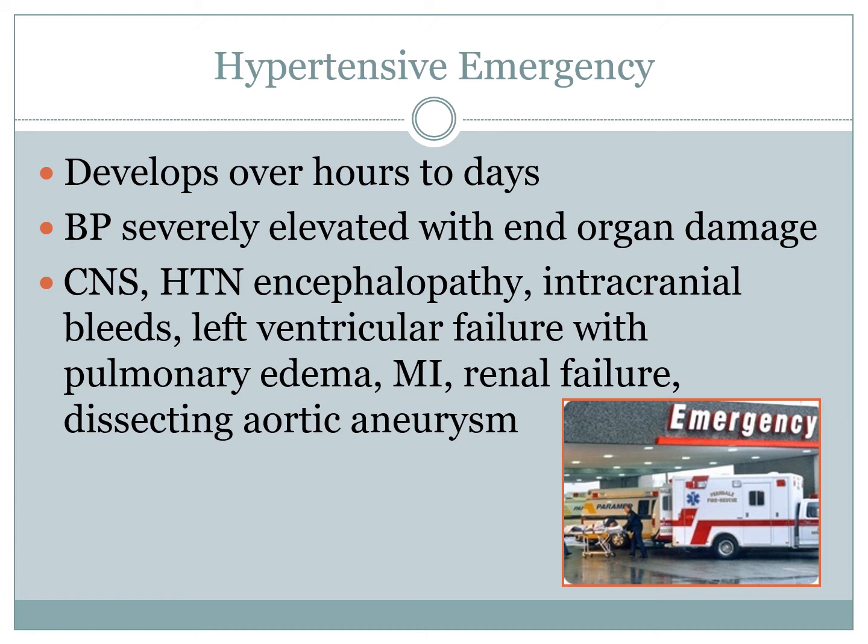We could have an encephalopathy develop. It could be an intracranial bleed. It could be related to the heart, leading to heart failure and pulmonary edema, even heart attacks. It may affect the kidneys, leading to renal failure. So there are all different types of complications as a result of these very severely elevated blood pressures.